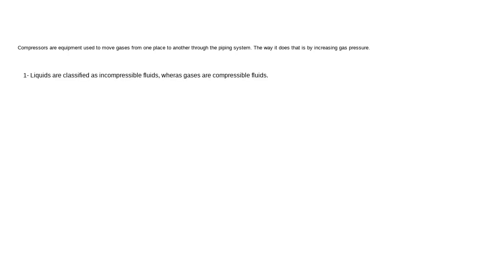What does that mean, guys? And this is, by the way, not mentioned in the book, and it is very important for you guys to understand this. What do we mean exactly by liquids are incompressible fluids?